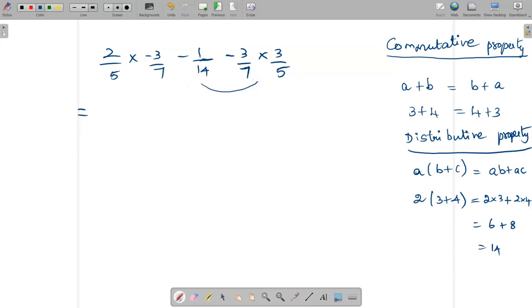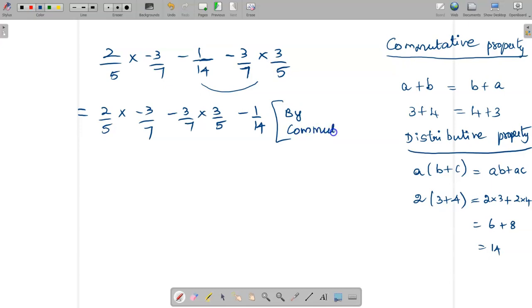We are going to apply the commutative property. Keep your first term as it is, 2/5 × (−3/7). Change these two terms: I am going to write this term first, −3/7 × 3/5, and then this term next. Since we are changing the order of these two terms, we are applying the commutative property.